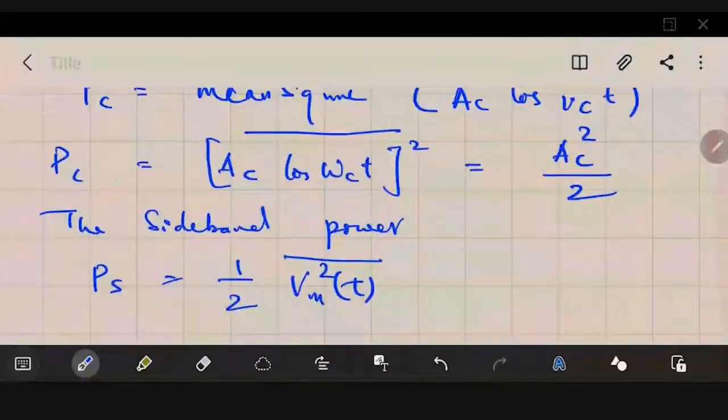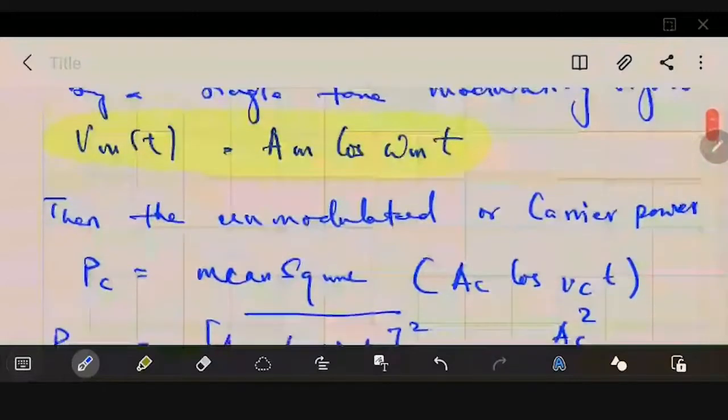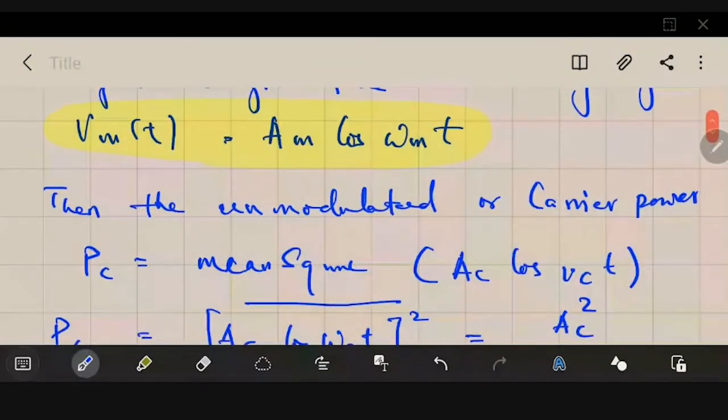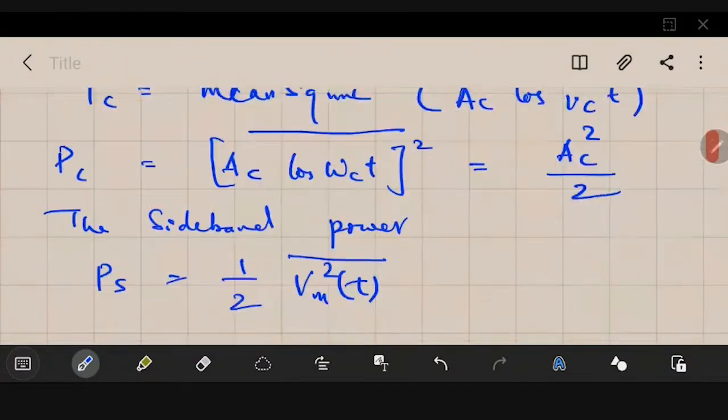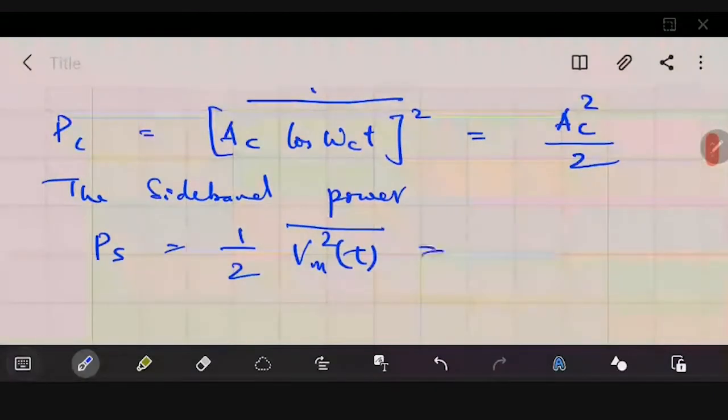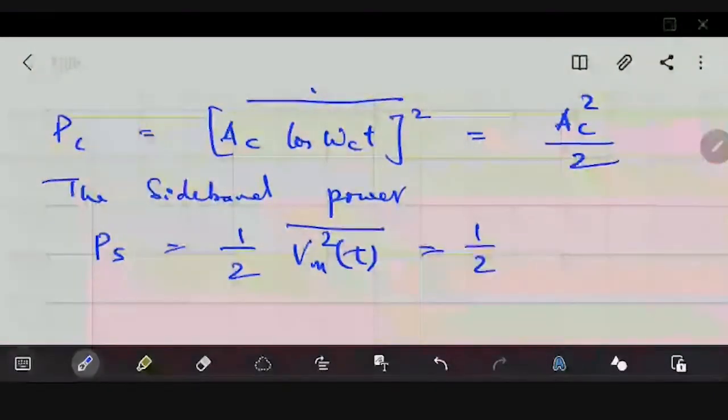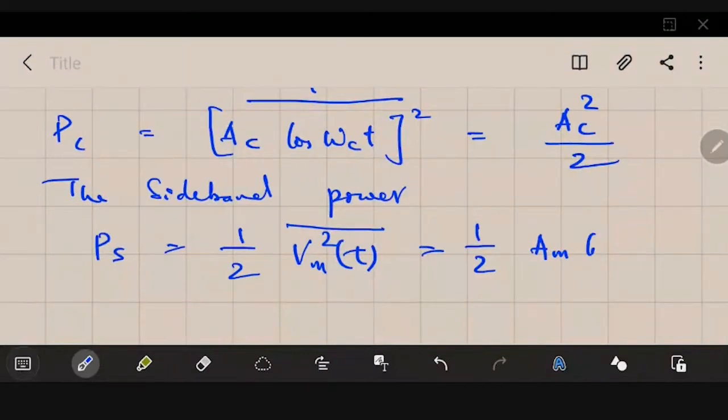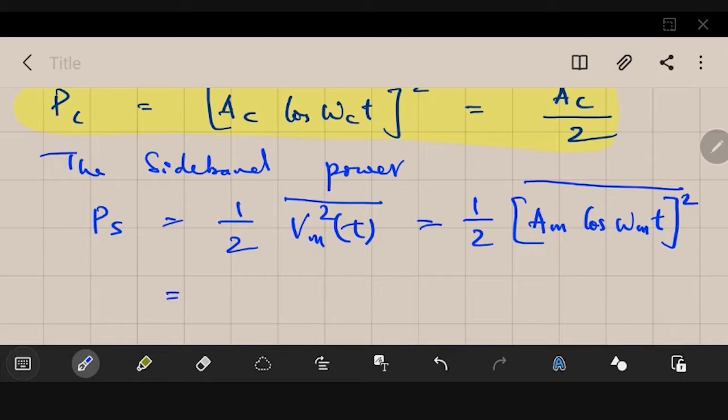However, you could see that Vm of t is already given by this equation, Vm of t is equal to Am cos omega m t. So we will be using this expression directly here. So we could write it as half of the mean square value of Am cos omega m t, and you know that it is Am square by 2.